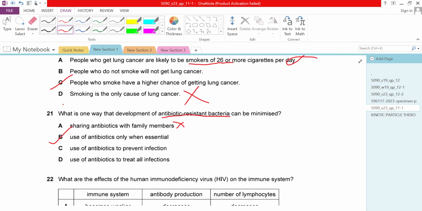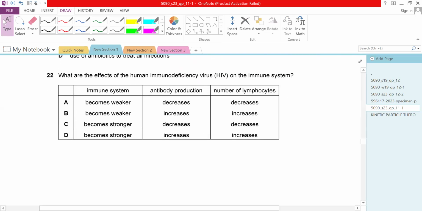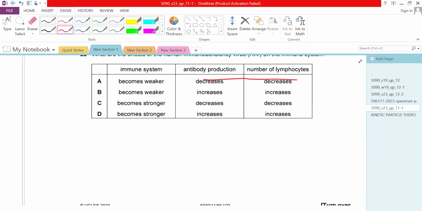So use of antibiotics only when essential can minimize the development of antibiotic resistant bacteria. Question number 22. What are the effects of human immunodeficiency virus on the immune system? HIV makes the immune system weak. Antibody production decreases, and the number of lymphocytes also decreases. So option A is correct for question number 22.